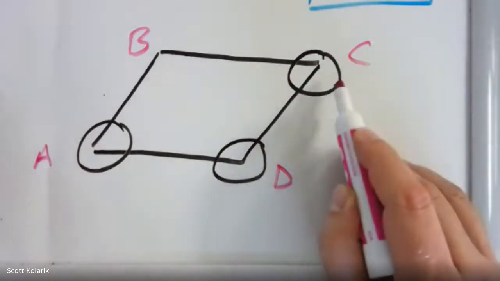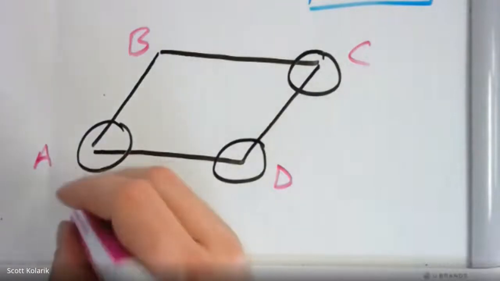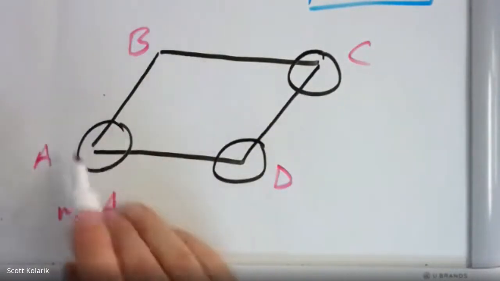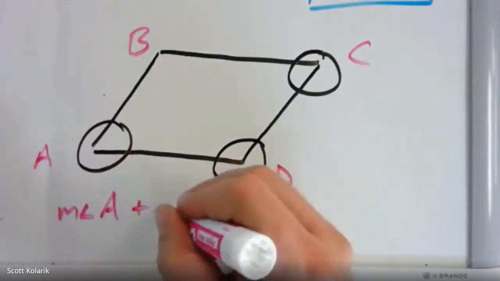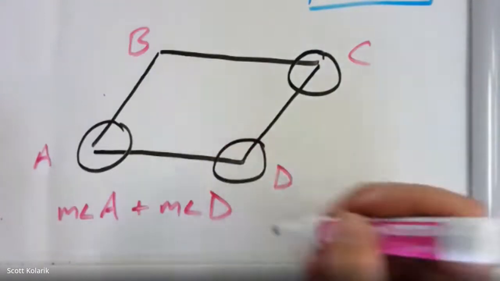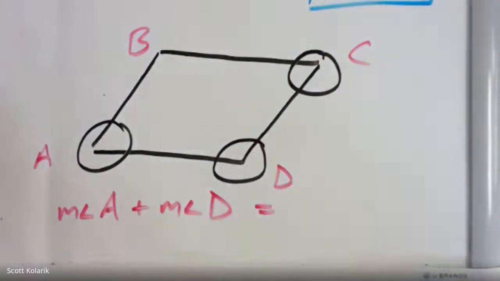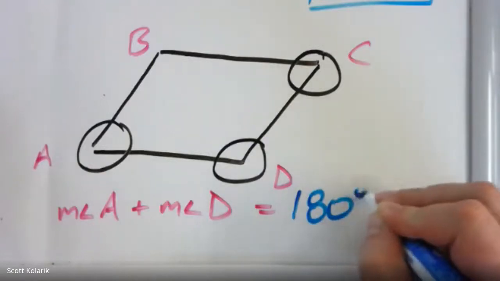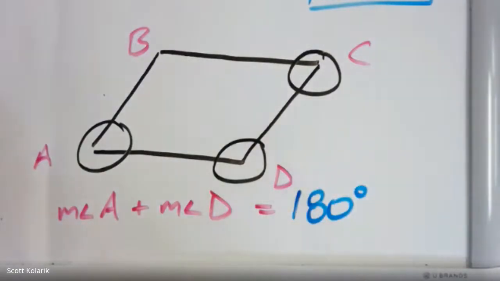Angle D and angle C need to be supplementary. So I could say, for instance, that the measurement of angle A, whatever algebraic phrase is here, plus the measurement of angle D, whatever algebraic phrase is here, has to equal 180 degrees, because that is what we would call supplementary.